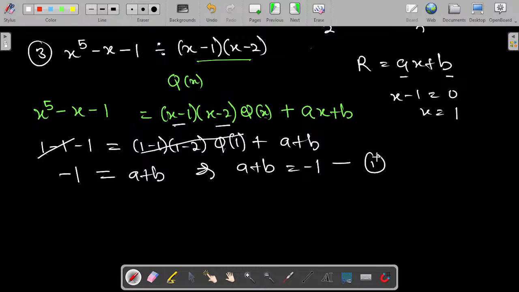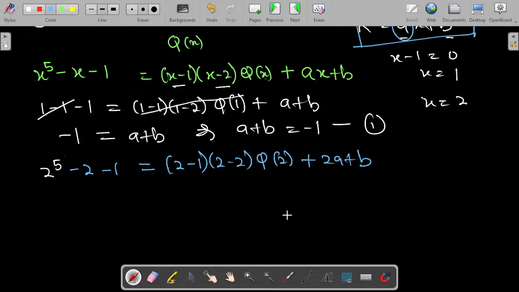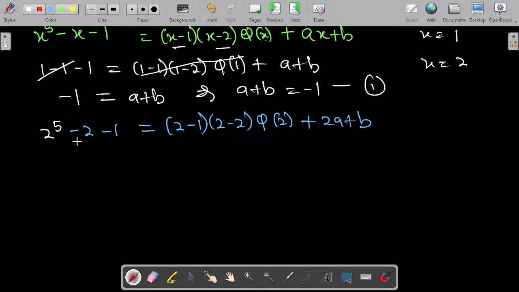Now for the second one, which is x minus 2, you get x as 2 if you equate it to 0. So we substitute our x as 2 now. We'll have 2 raised to power 5, minus 2. Anywhere you see x, you replace it with 2. So 2 minus 1, and we got 29 here.